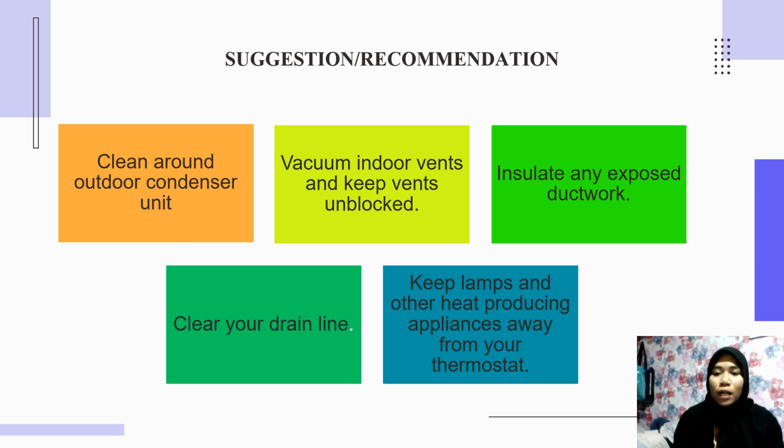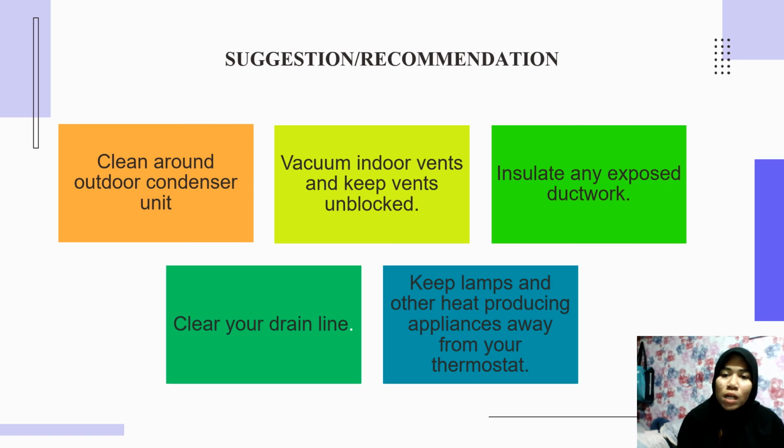Okay, for suggestions and recommendations, there are a lot of tips for keeping the air conditioning system functioning properly. Firstly, clean around the outdoor condenser unit to get the most efficiency. Next, vacuum indoor vents and keep vents unblocked to help maintain system airflow.